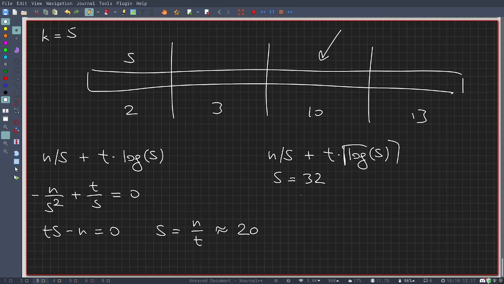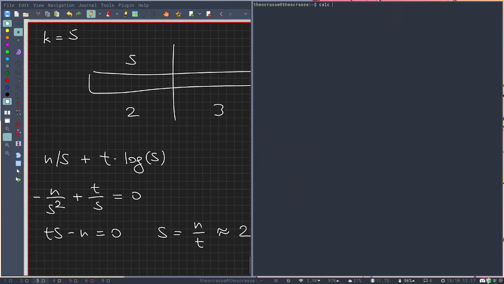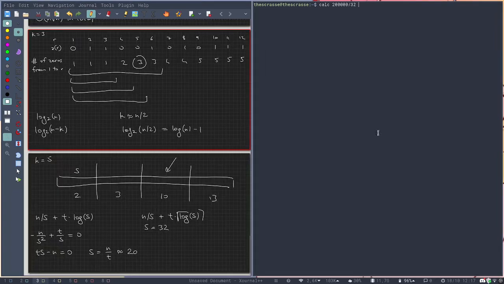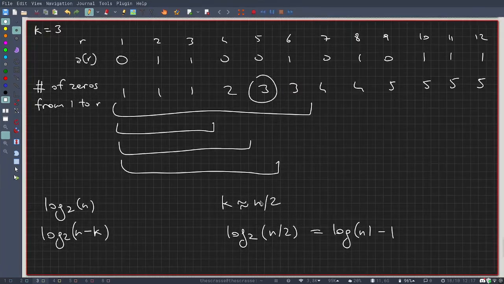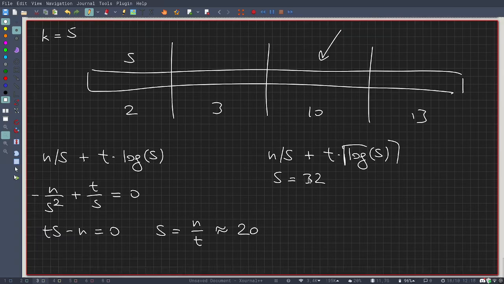We have n divided by 32 plus 10 to the 4th times log s, which is 5. Yeah, it works. Okay, it's not even close to square root of n. Here we need a much smaller value.